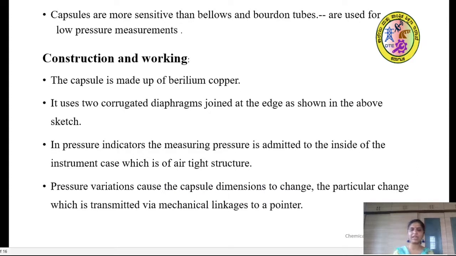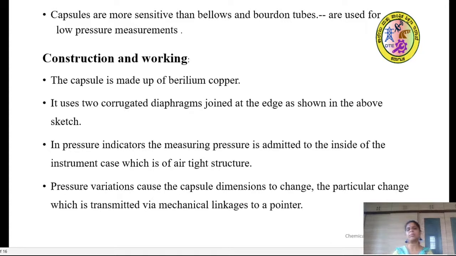Now you have understood what a capsule is. The diaphragm material is welded at the periphery, and it forms a capsule. At one end you admit the pressure you want to measure. The other end is connected to the pointer, which moves on the calibrated scale.